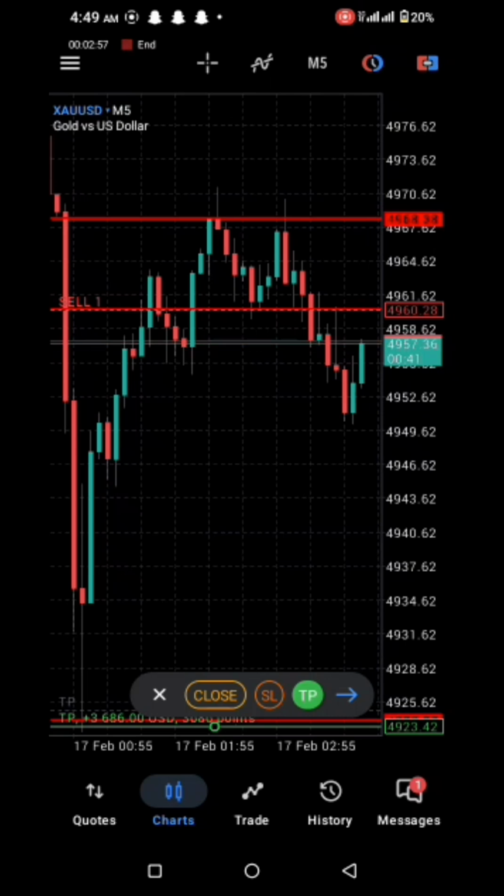But you must make sure that when you go to the lower time frame, the market breaks structure as well, and that's where you know that yes, this market is going to actually buy more or sell.